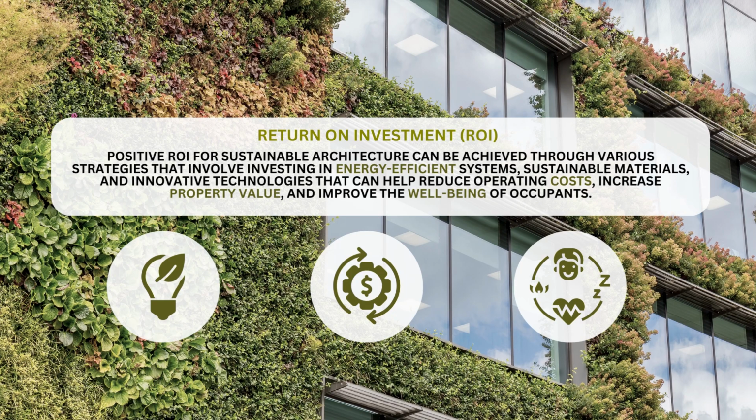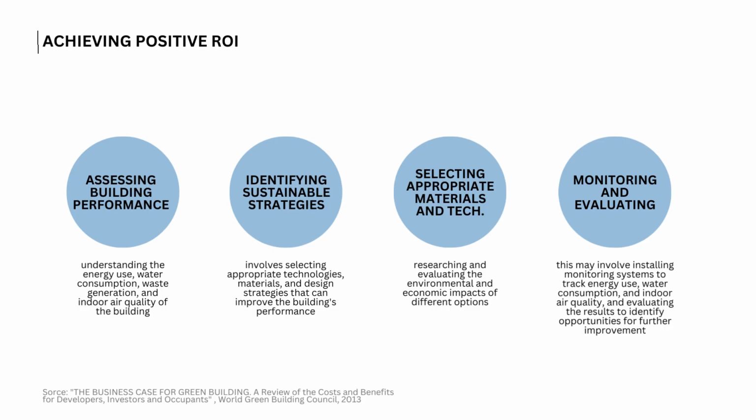Positive return on investment for sustainable architecture can be achieved through various strategies that often involve investing in energy efficient systems, sustainable materials, and innovative technologies that can help reduce operating costs, increase property value, and improve the well being of the occupants. The process of achieving a positive return on investment for sustainable architecture typically involves several steps.